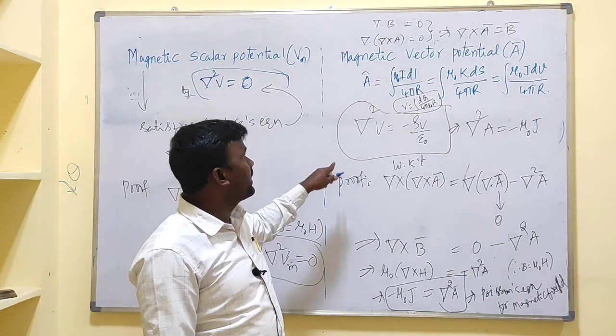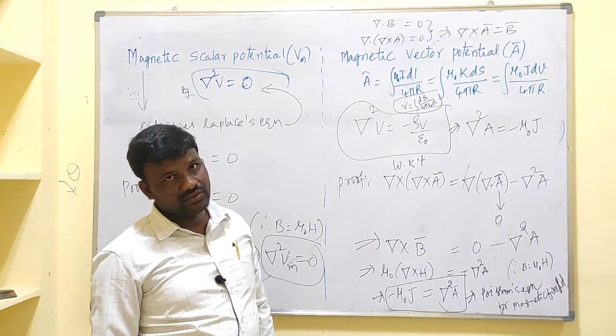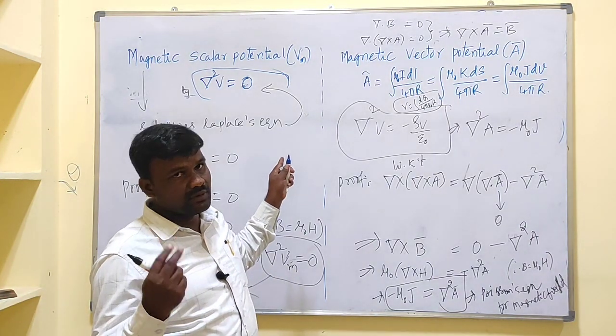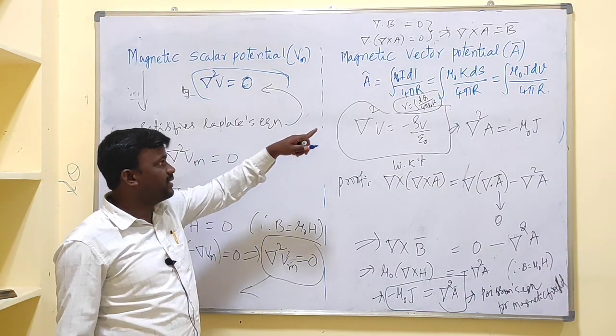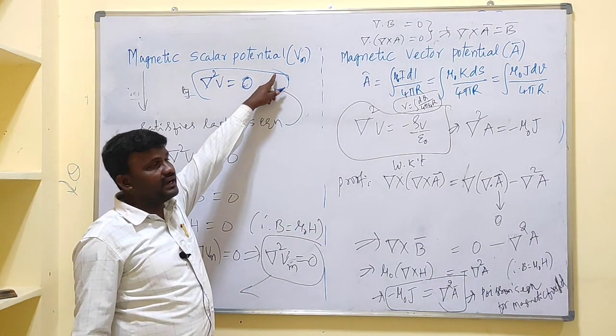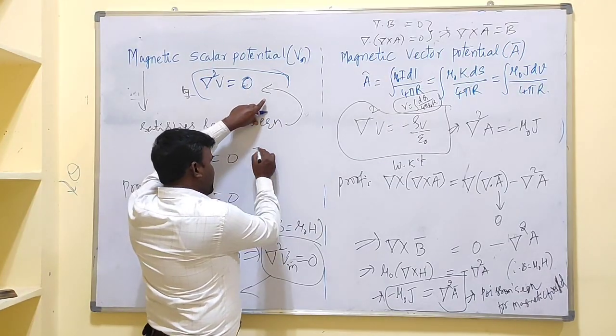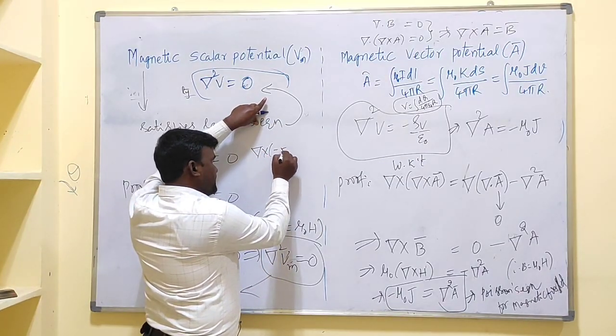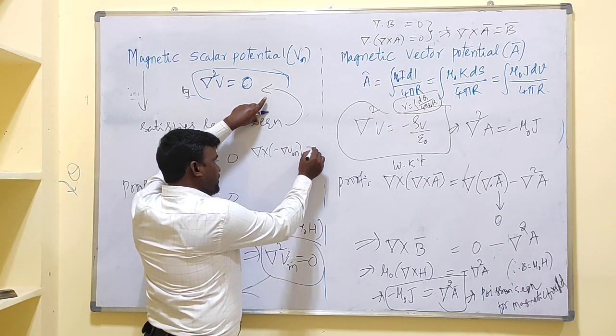It is all about magnetic potentials. Magnetic potentials means we have two types: magnetic scalar potential and magnetic vector potential. Curl of gradient of any scalar is 0, that is del cross del Vm equal to 0.